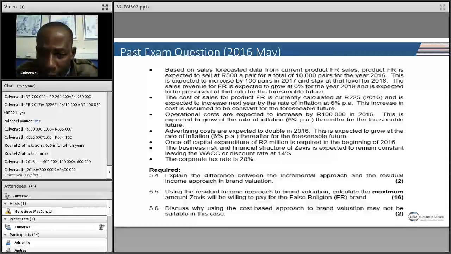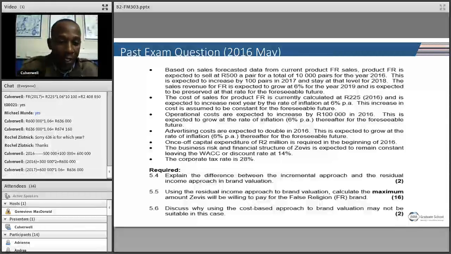I'll read that statement again. It says advertising costs are expected to double in 2016. This is expected to grow at the rate of inflation of 6% thereafter for the foreseeable future. Meaning the 6% is going to apply from year 2016 to 17 to 18. So when you're calculating your advertising cost for year 2017, it's going to be exactly the same as your operational cost, 600,000 times 1.06. That will give you 636.